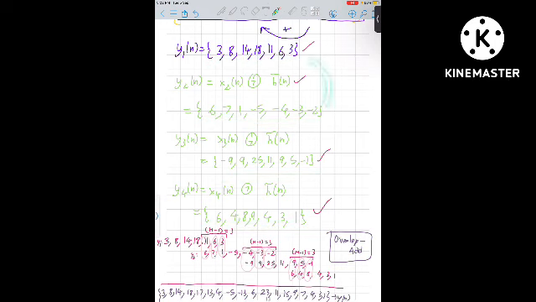This one is y1, this one is y2. So this is minus 9, 9, 25, 11, 9, 5, minus 1, and 6, 4, 8, 4, 3, 1.